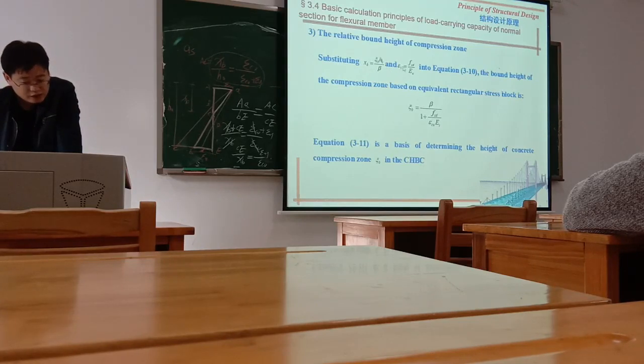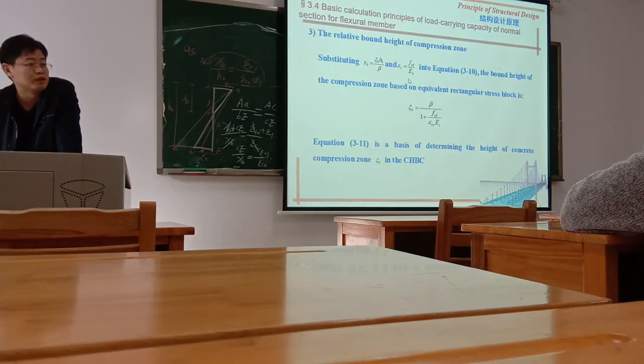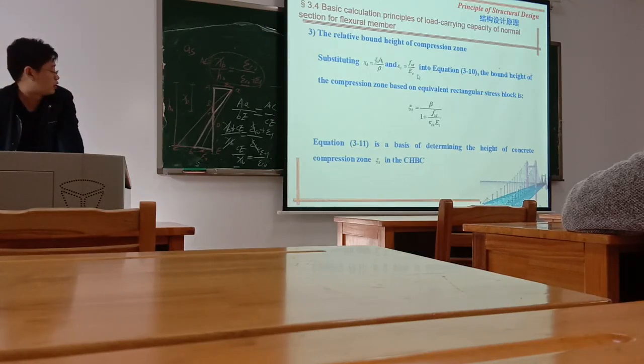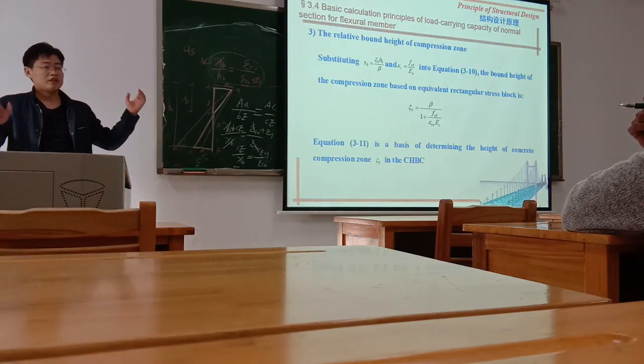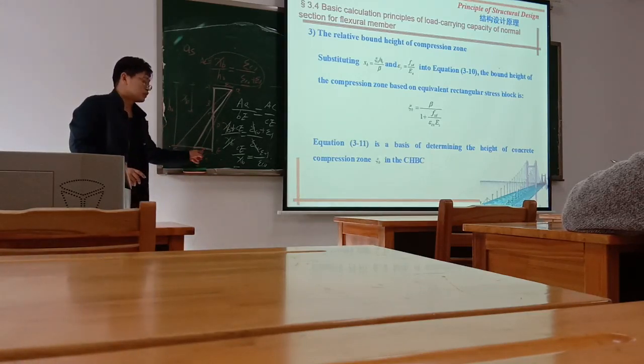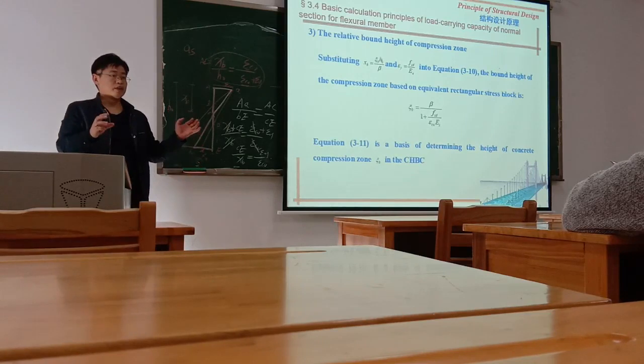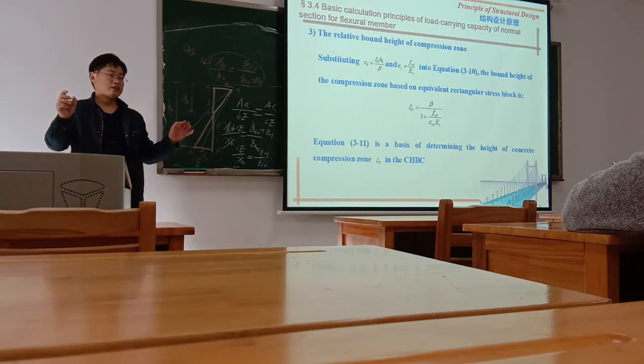Here epsilon y is the yielding strain of the reinforcement. So fsd is the tensile strength of the reinforcement, and Es is the modulus of the reinforcement. From this relation we get epsilon y, which is the strain of the reinforcement when the stress reaches the yield strength.